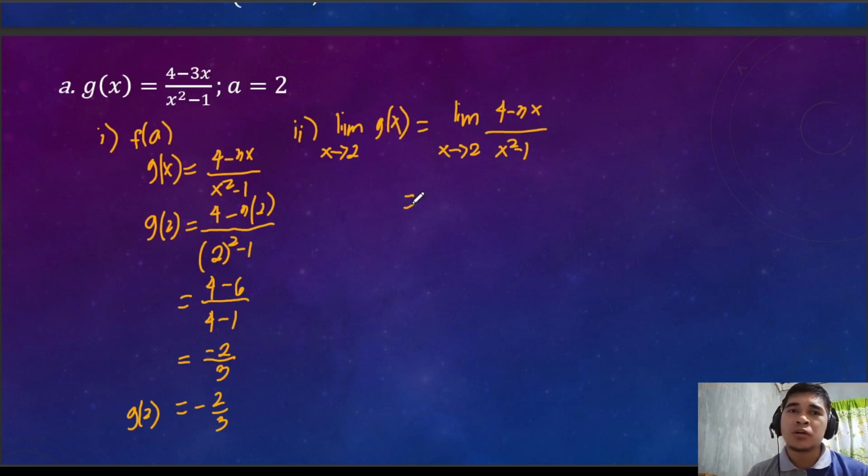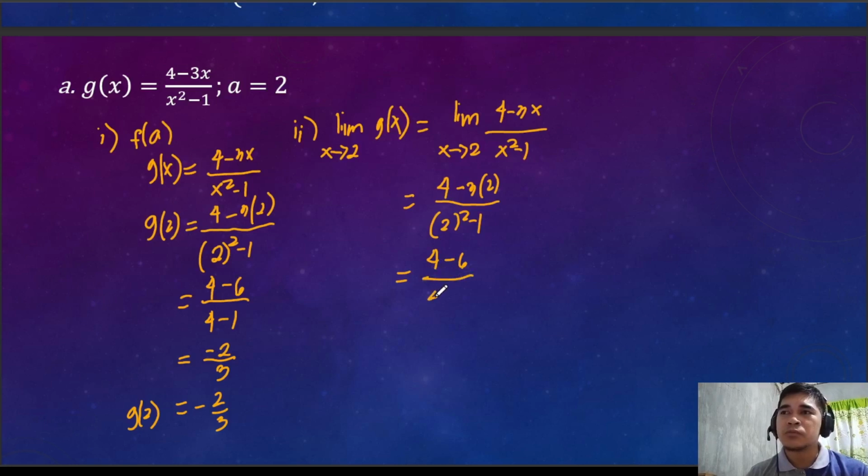So applying the laws of the theorem of limits, so we get what? 4, limit of 4 is 4, right? Minus 3 times the limit of x, which is 2, over the square of 2 minus 1. In-apply na natin na yung different theorems. So 4 minus 6, this is 4 minus 1. So we get negative 2 over 3 or negative 2/3. That is our limit.